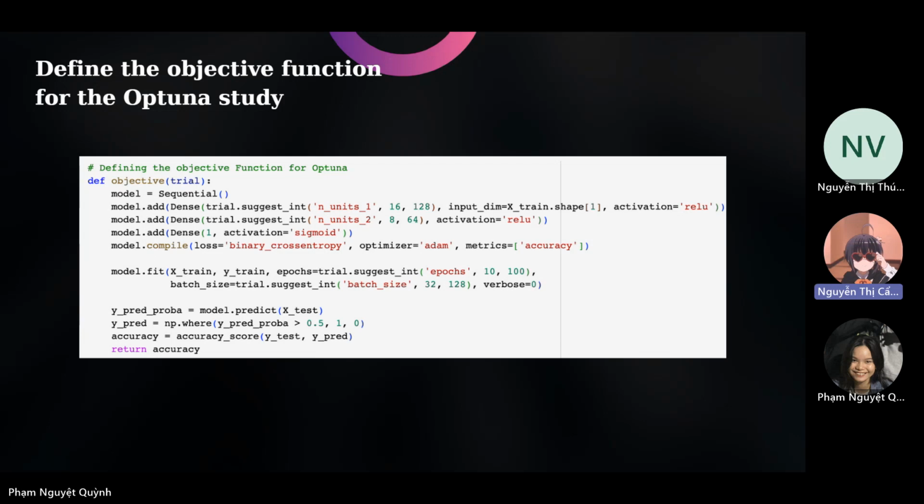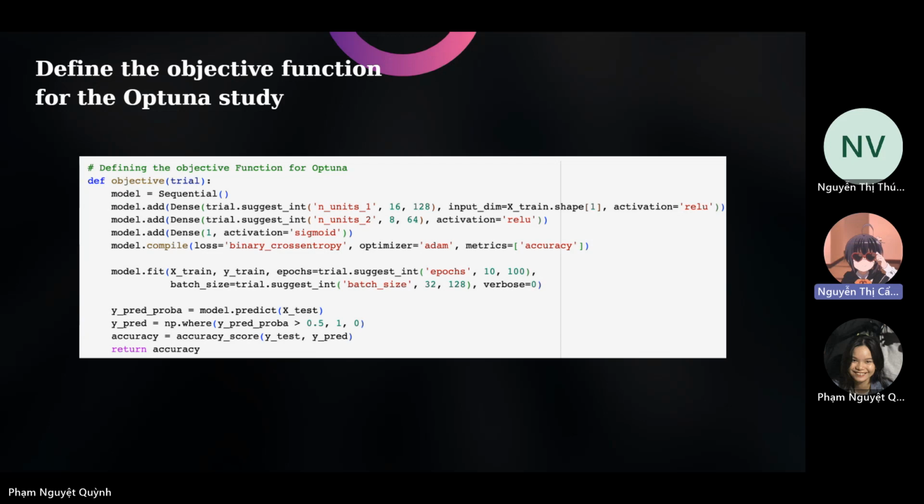The objective function is defined for hyperparameter optimization using Optuna. It has a trial object as input, which represents a single evaluation of the objective function with a set of hyperparameters.